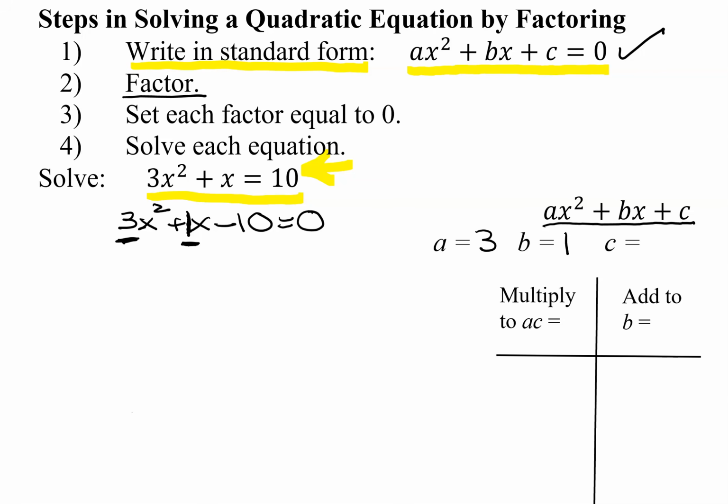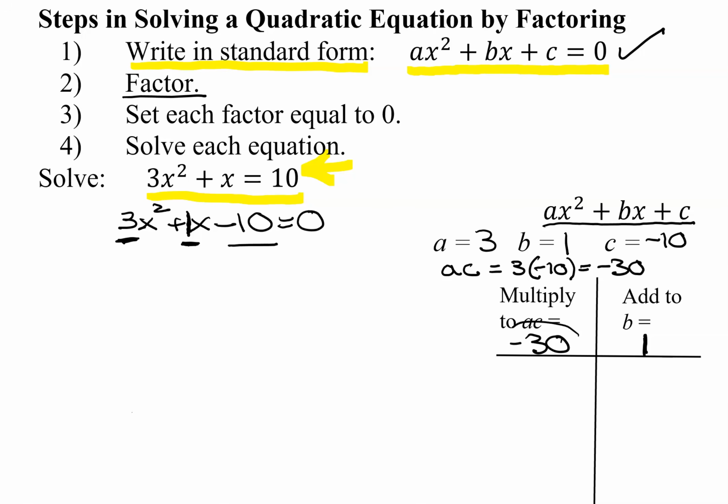So B is 1 and C is negative 10. So we multiply A times C. I get 3 times negative 10, which is negative 30. So I need two numbers that multiply to negative 30 and add to B, that is positive 1.